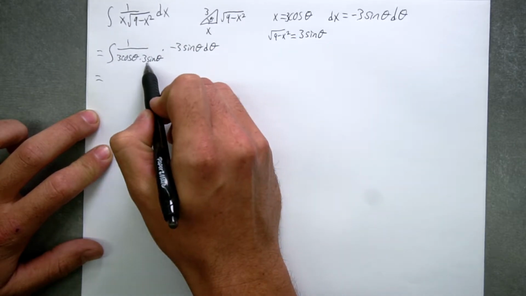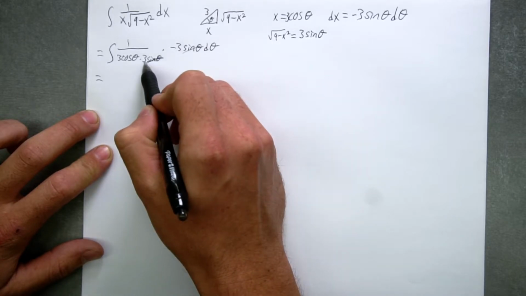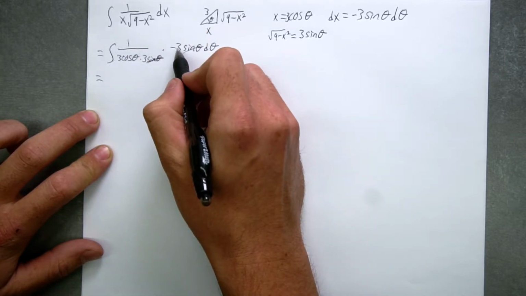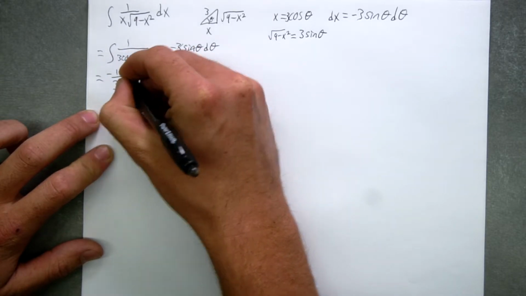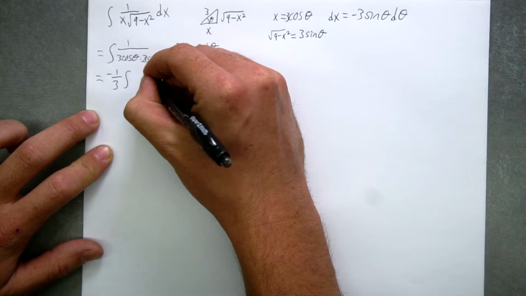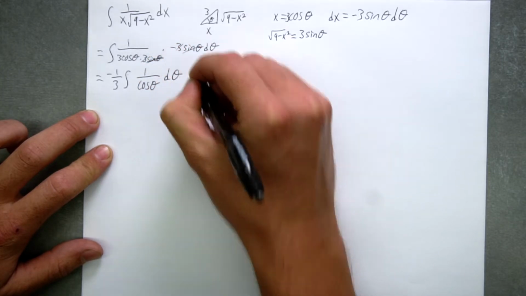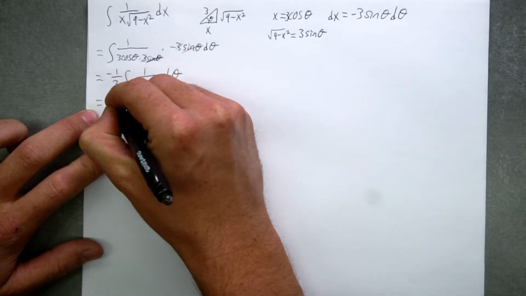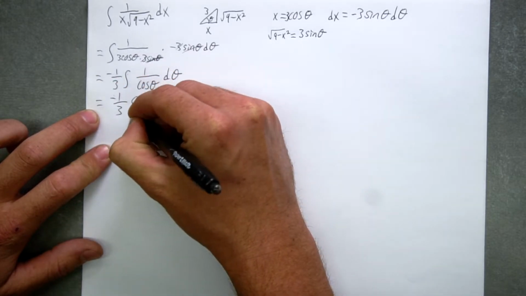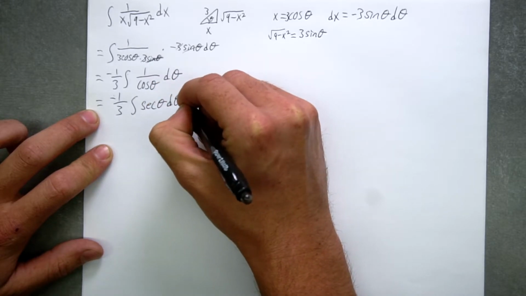Multiplying, crossing these two out is acceptable, as well as crossing one of the 3's out. So we get negative 1/3 times the integral of 1 over cosine theta d theta. This is equal to negative 1/3 times the integral of secant theta d theta.